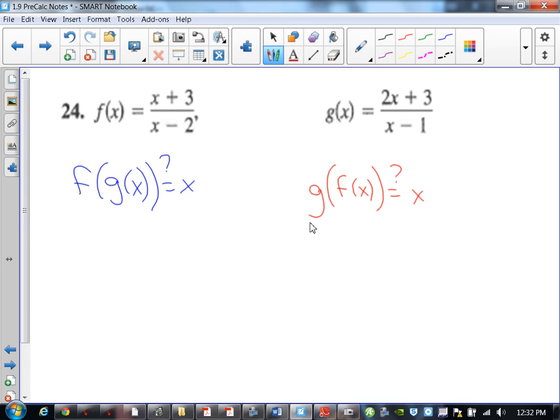So I kind of gave us a worst case scenario because of all the fractions. Okay? So what we're doing, in the first one, we take f of 2x plus 3 over x minus 1. Okay? That means in the f equation, everywhere I see an x, I'm going to replace it with that.